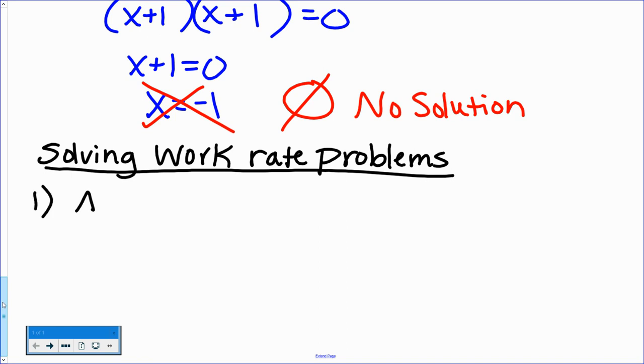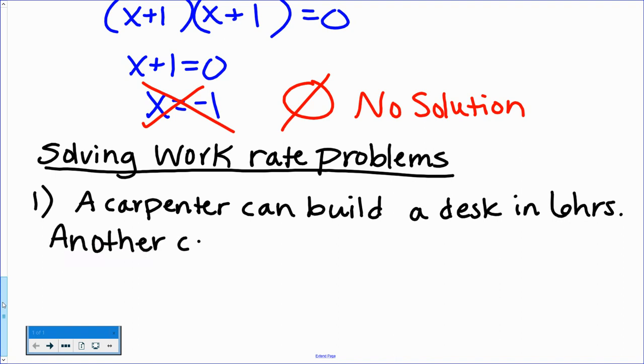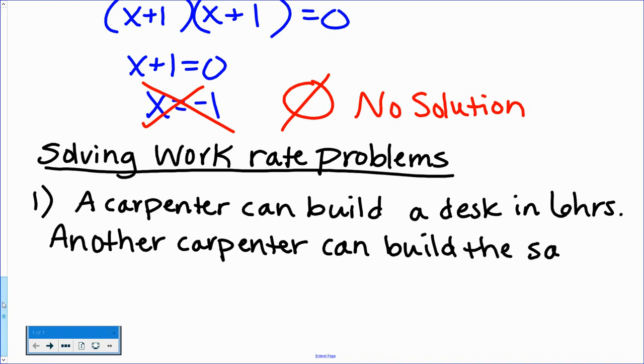All right, so a carpenter can build a desk in 6 hours. Another carpenter can build the same desk in 8 hours.